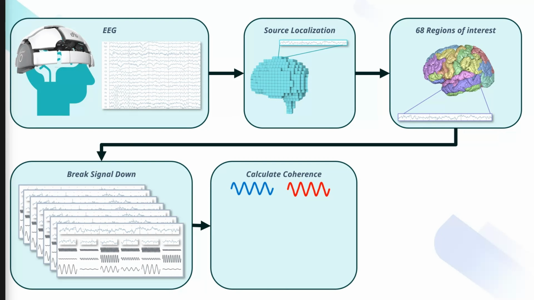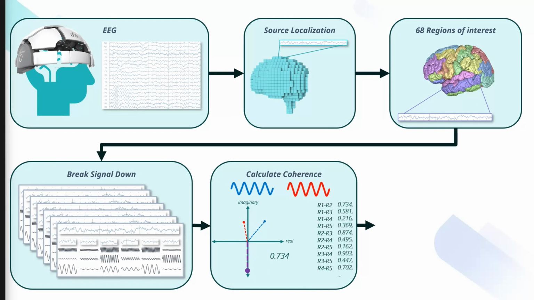Then we calculate the coherence between these. So we plot them in the imaginary plane, or the complex plane. We average all the epochs together, giving us some value. We move that value to the imaginary axis, and then that number, how far away it is from the origin, is our value of coherence.